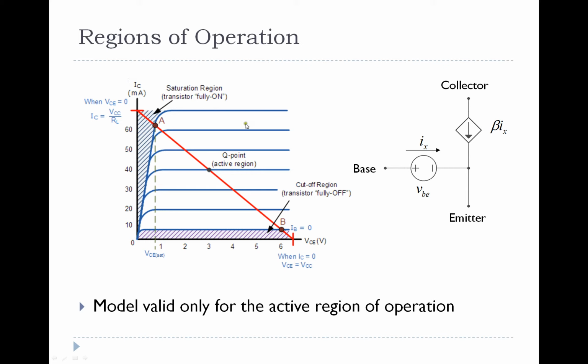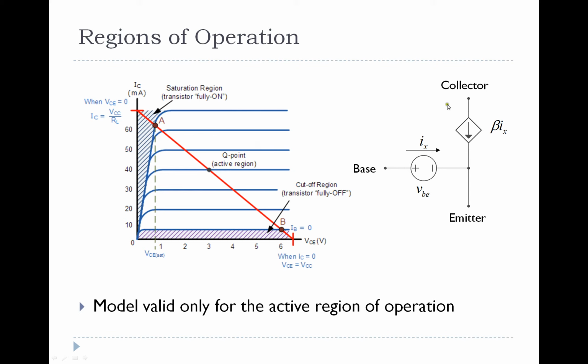Each of these blue lines represents how much current is passing from the base to the emitter. So for each of these blue lines, we have different operating points, and you see the more current that we inject into the base, the more current that we get going between the collector and the emitter.